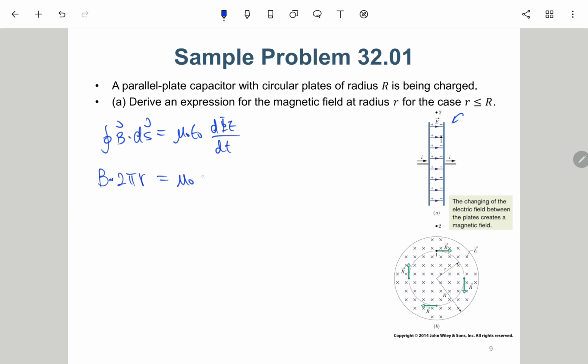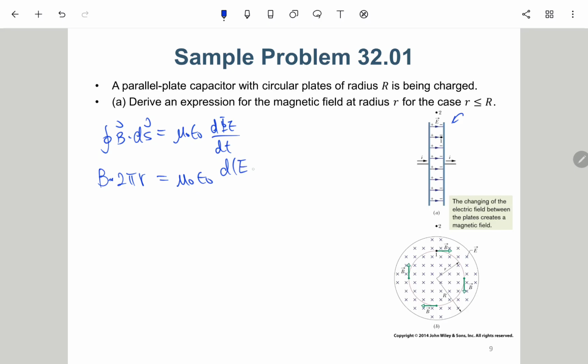On the right side, we have mu naught epsilon naught times d over dt. We also assume that the E field between the parallel plates is uniform and also parallel to dA.